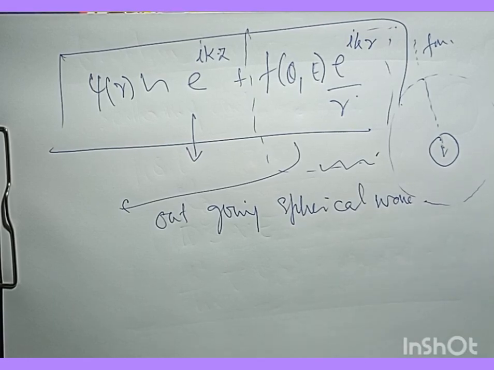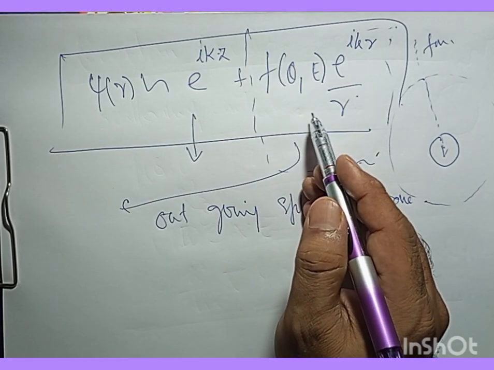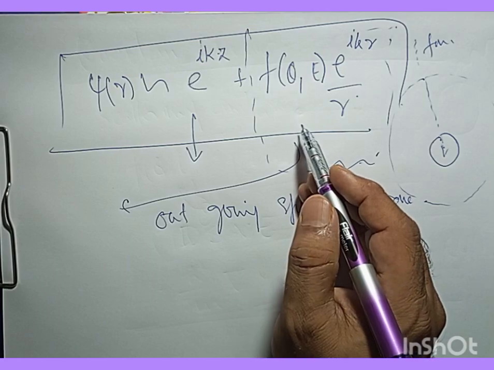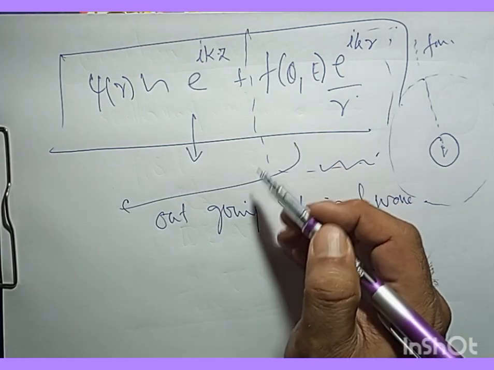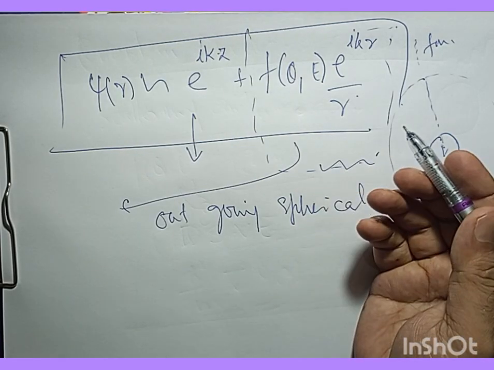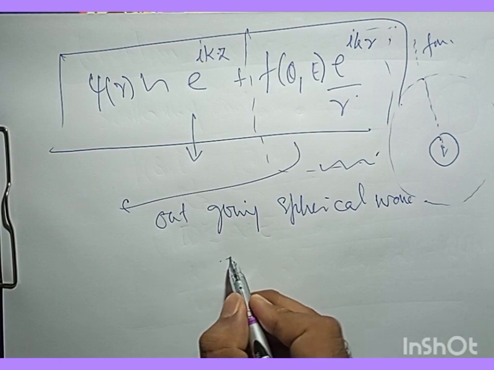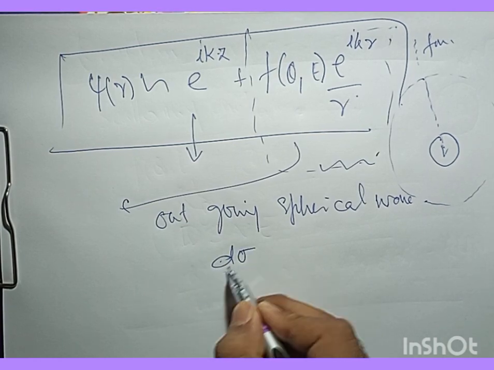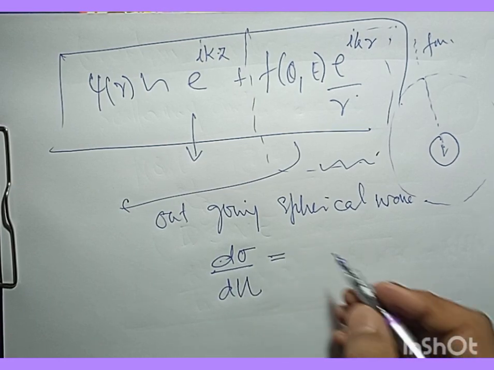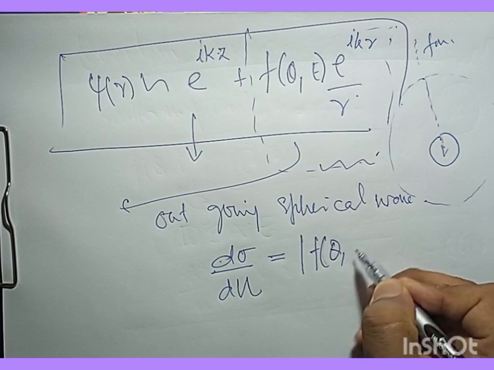The scattering amplitude that we have here is related to the probability of scattering into a solid angle. So I can say that the differential cross section d sigma by d omega is nothing but the square of the amplitude of f of theta and E.